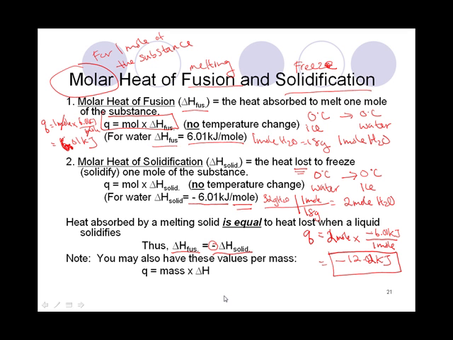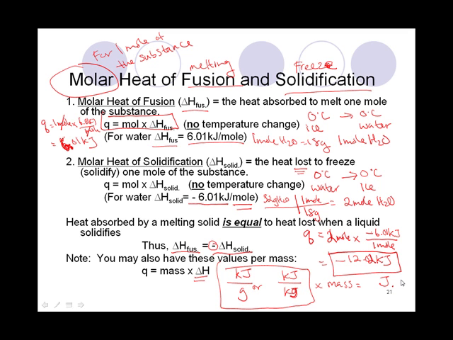Heat of fusion and heat of solidification can be a value per mass, and if you have this heat of fusion or heat of solidification in maybe kilojoules per gram or kilojoules per kilogram, you're just going to have to multiply these values by the mass in order to get the energy in joules.